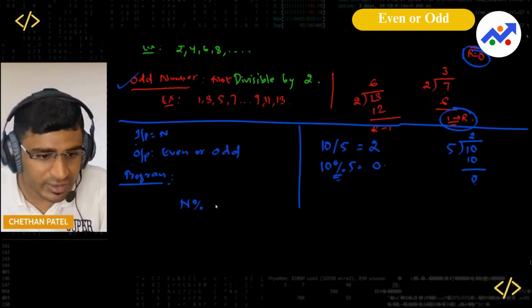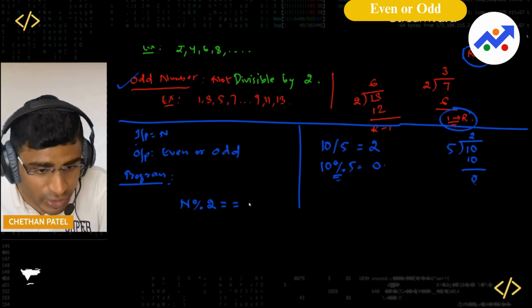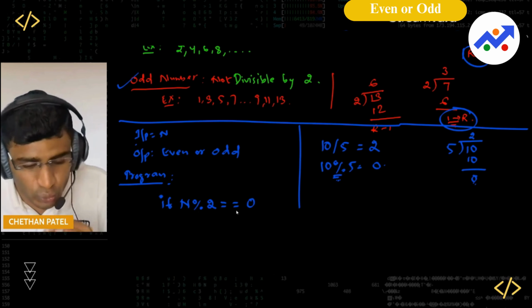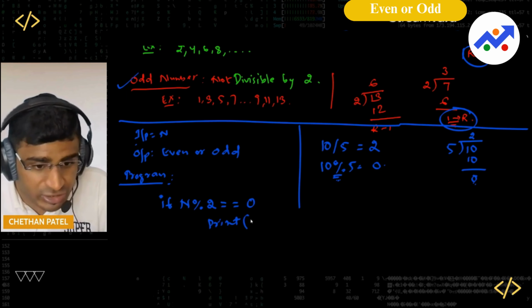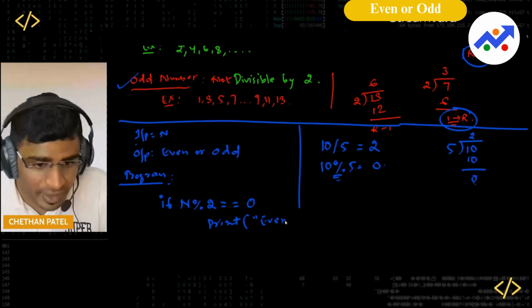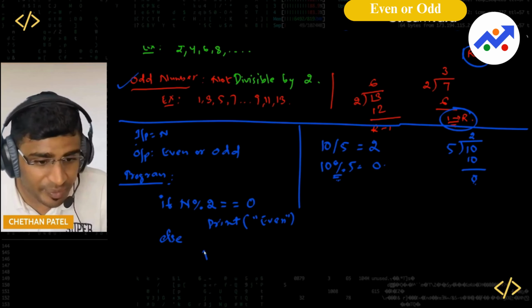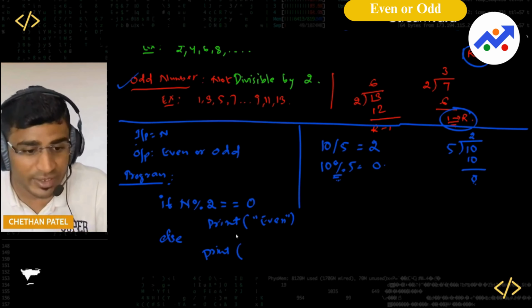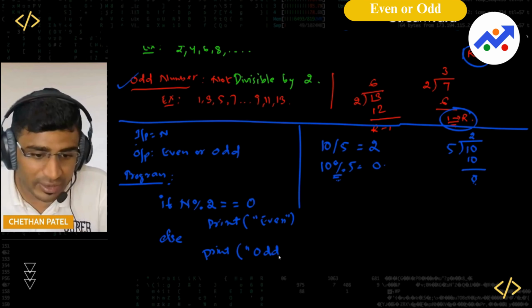So if n percentage 2 is equal to 0, I can say that it is an even number. If it is not equal, then it must be an odd number.